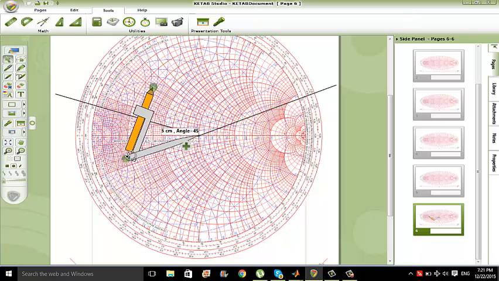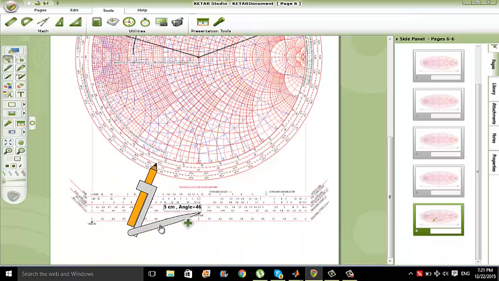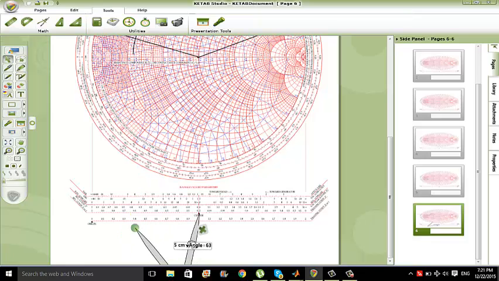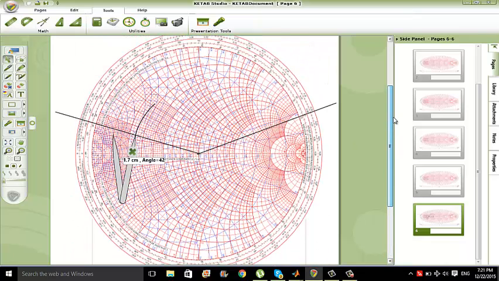We draw the arc now, and then go back to the reflection coefficient scale and open it at 0.254, which is the radius we calculated before. Now we go to the arc and draw the 2 dB circle.